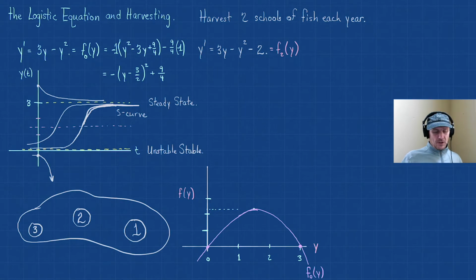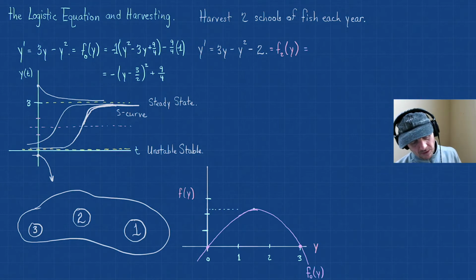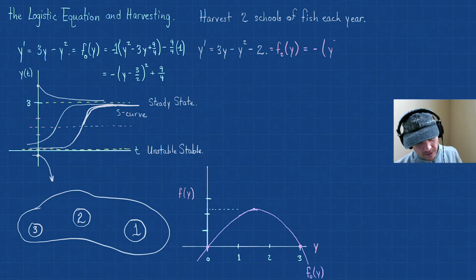Now that we harvested 2 fish, let's see what's happening to our picture. Well, let's complete this square over here. We have minus y squared minus 3y minus 2, and then we're going to add 9/4. And we already said that works out to adding another 9/4. So we could think of this as minus y minus 3/2 squared, plus 1/4.